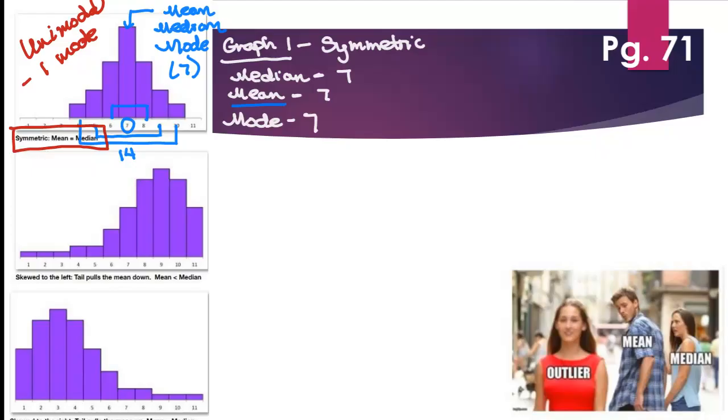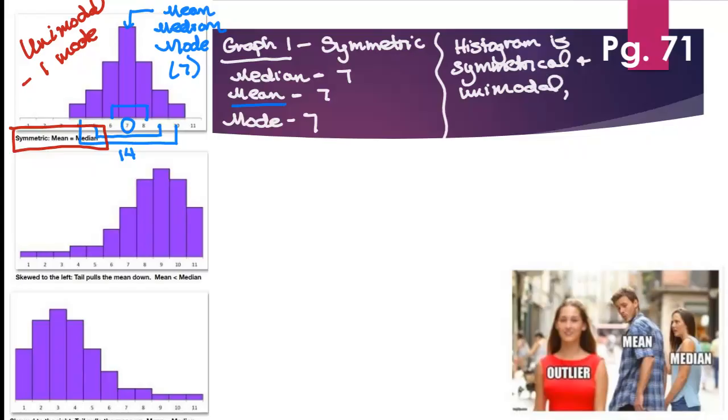So when your histogram is symmetrical and unimodal, that means that your mode is going to be equal to the mean, which is going to be equal to the median.